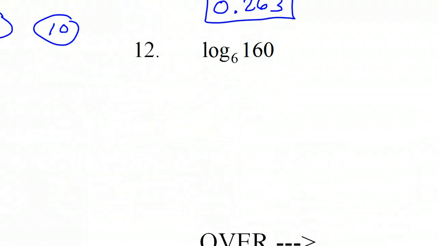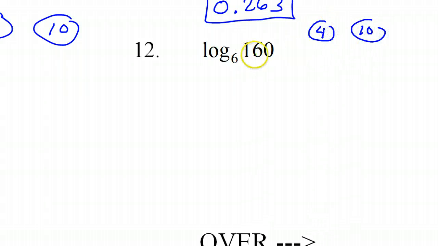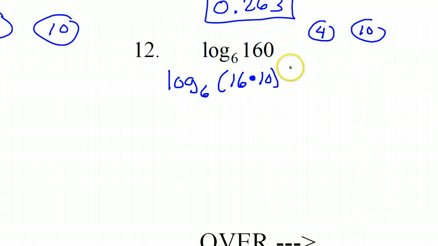Alright, number 12. Can I see it immediately? We want 4s and we want 10s, remember? So I'm seeing the 16, I'm seeing the 0, and you know what I'm thinking? I'm thinking 16 times 10. 10 because I wanted a 10, and 16 because 16 is 4 squared.